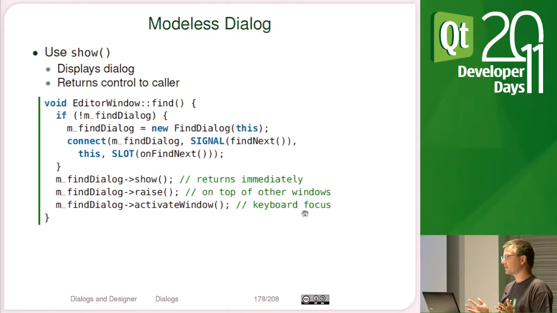We activate the window for the keyboard focus, and the find method will finish. And our dialog is still shown on top. So the program will not block. To know what the user does, we can use a signal slot connection to identify when he tries to find the next, that a signal is emitted which we connect to the onFindNext slot.